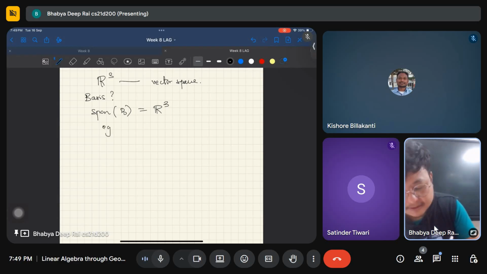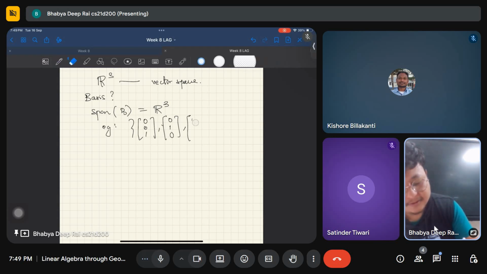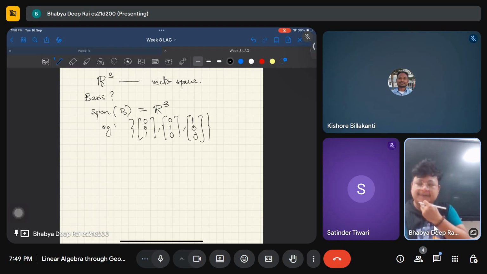For example, let's take 0, 0, 1, 0, 1, 0, 1, 0, 0. This is able to generate any element in R cube by simple addition or multiplication.